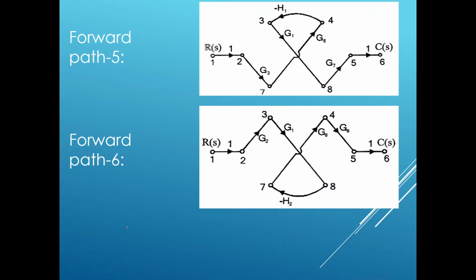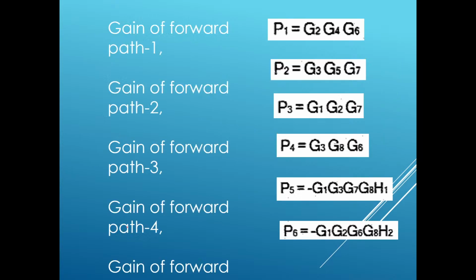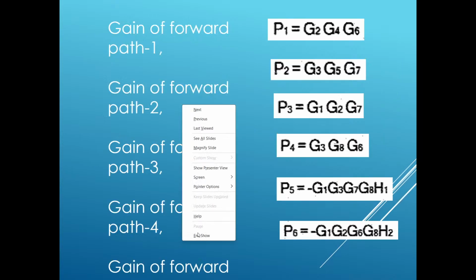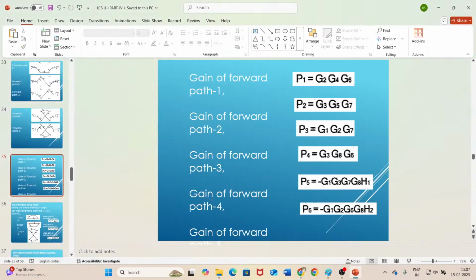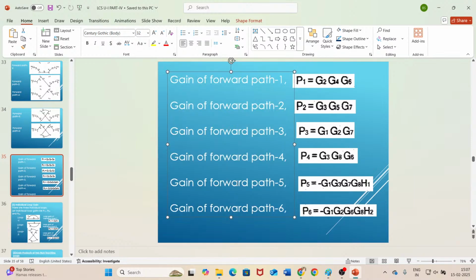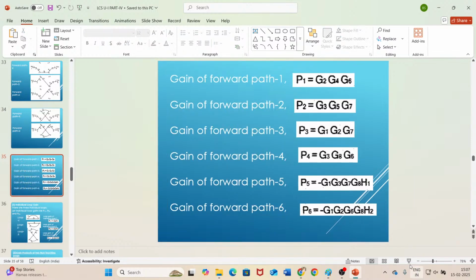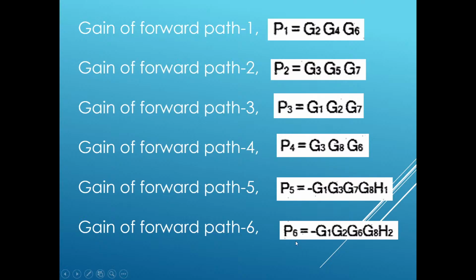If you have drawn the diagram, I will show you the forward path gain values I have written in the next slide. This is it, 6 paths. So these are the forward path gains.